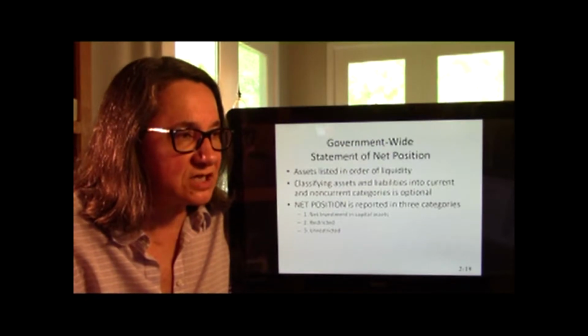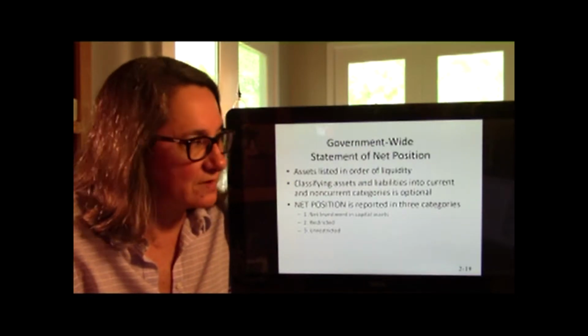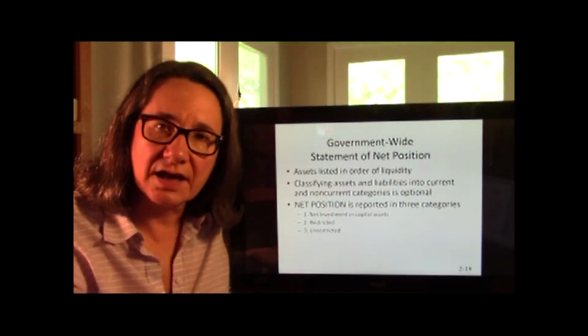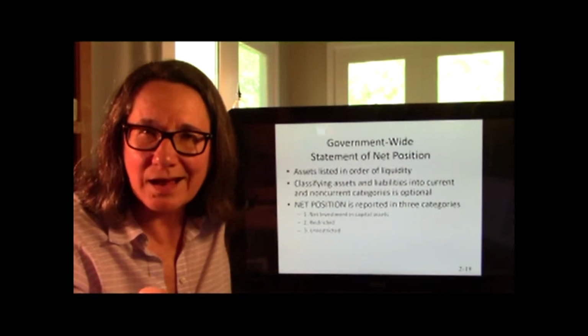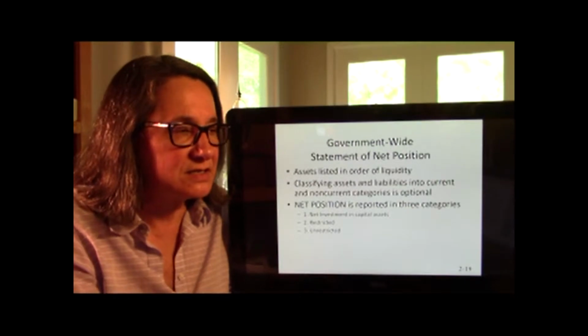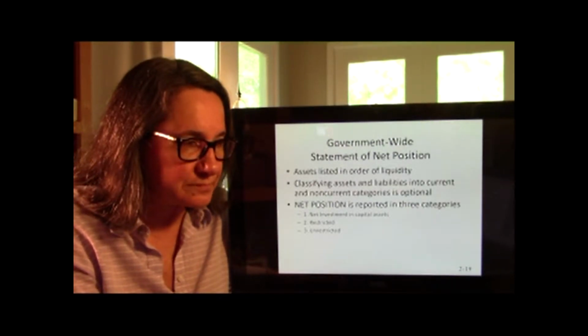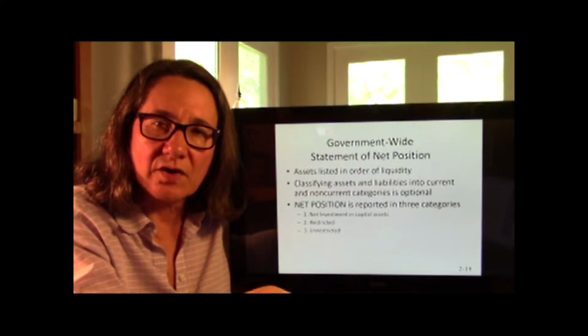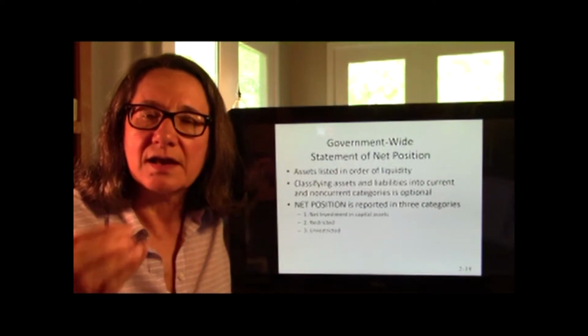So the first thing is the government-wide statement of net position, all right? And so this, of course, has your assets and liabilities, right? So like a balance sheet, but again, the difference is that you're not reporting out what's called equity, you're reporting out what's called net position.